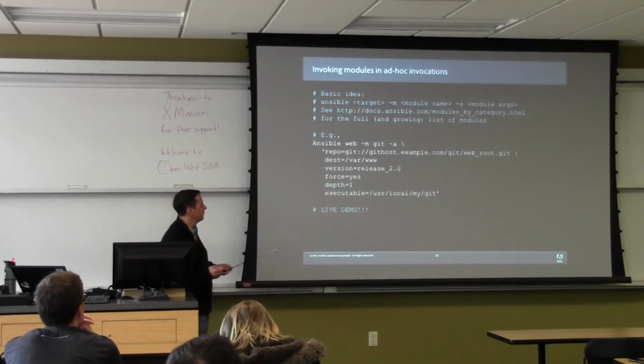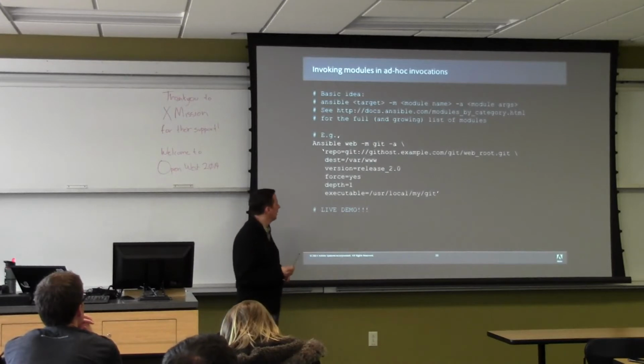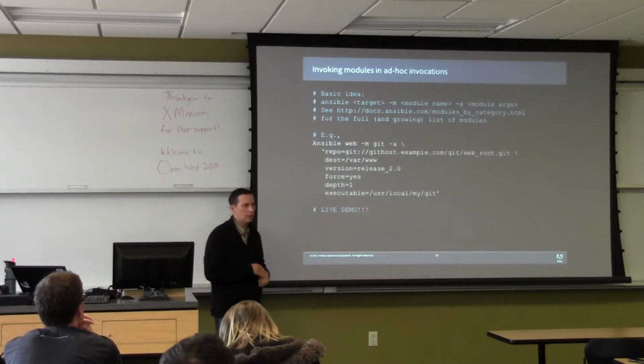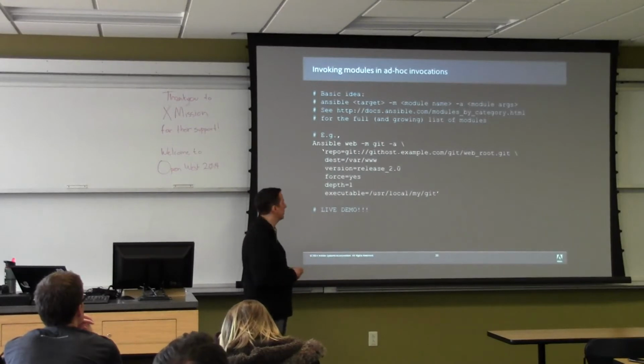So that's the basic idea for invoking modules, and if you look, I think I put the URL over there. Yeah, here we go. There's this long and growing list of modules that Ansible has that cover all sorts of aspects of your enterprise and your operations.